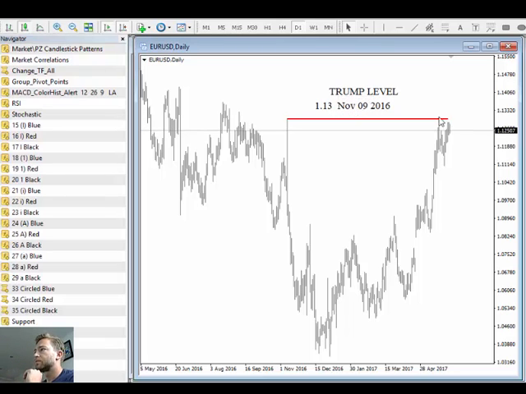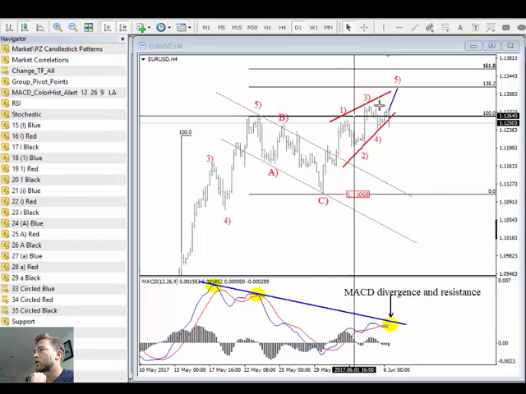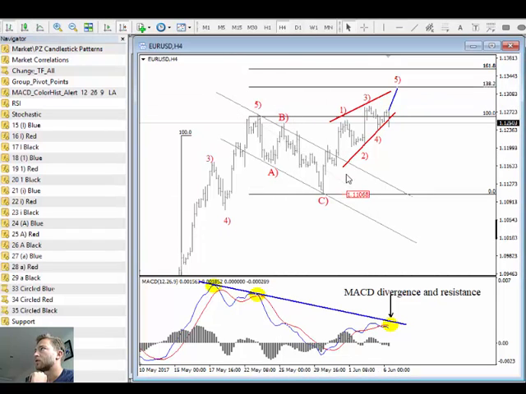I'm quite sure that there are a lot of important orders, possibly stop orders, above that level. So I would not be surprised if we see just a spike higher and then turn to the downside. This comes in line very well with our euro dollar wave count.